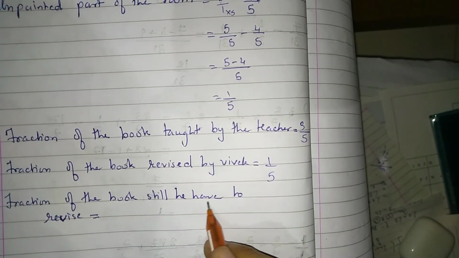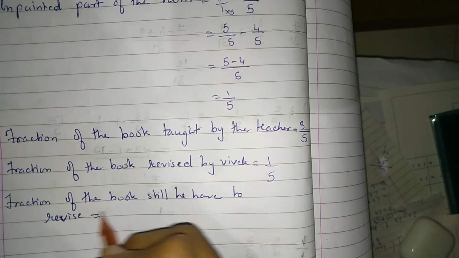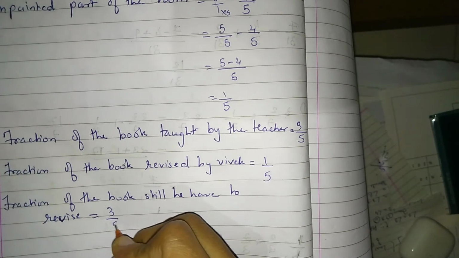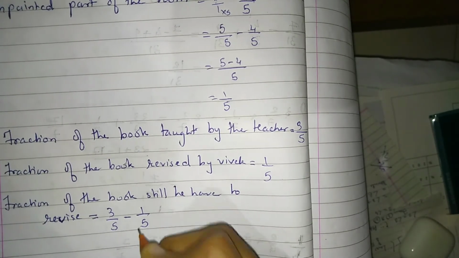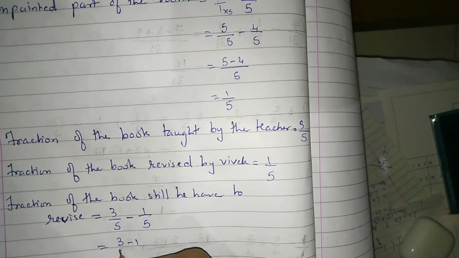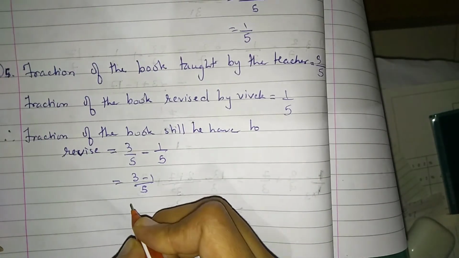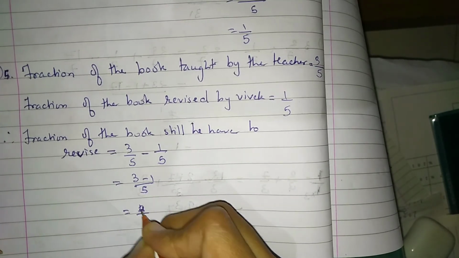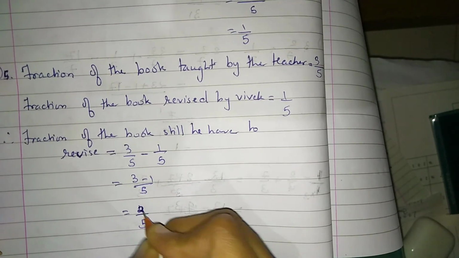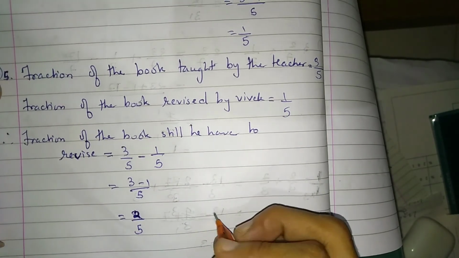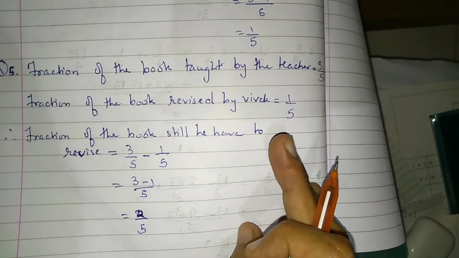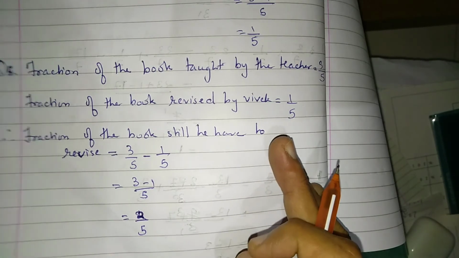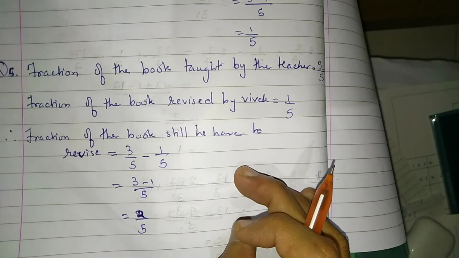Fraction of the book he still has to revise: now this means we have to subtract. So 3 by 5 minus 1 by 5 is equal to 3 minus 1 upon 5, which is equal to 2 upon 5. Okay, the answer is 2 upon 5. So the last answer we have to write is: we still have to revise 2 by 5.